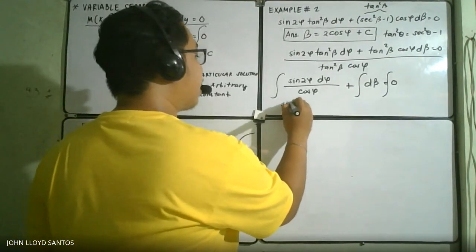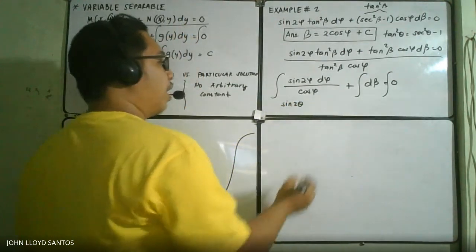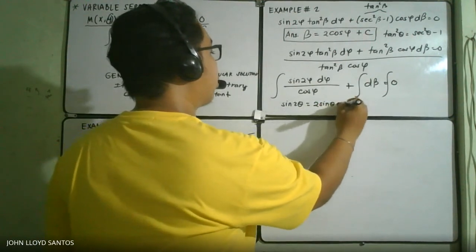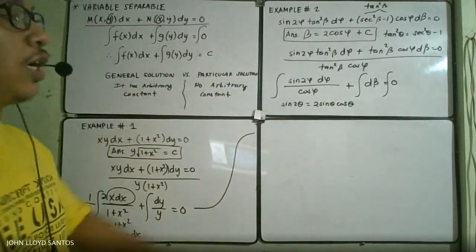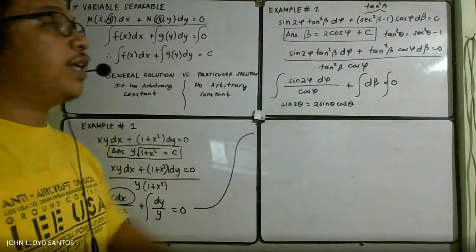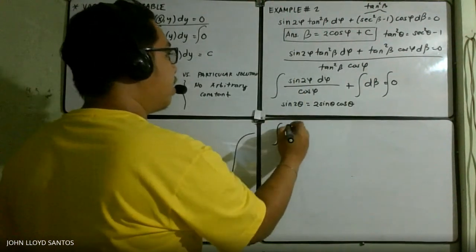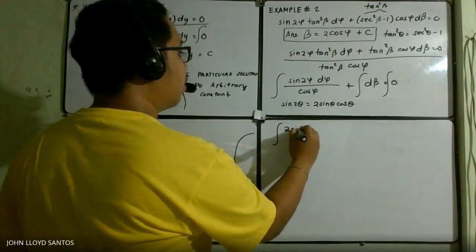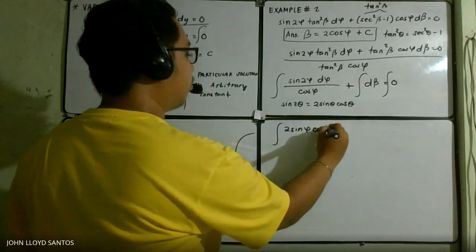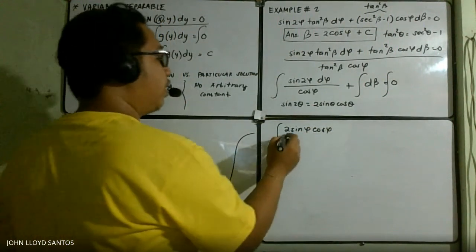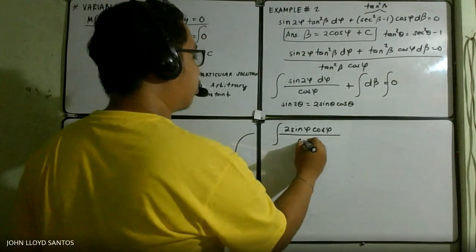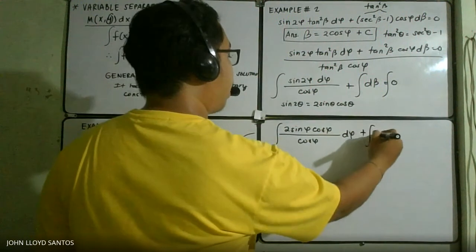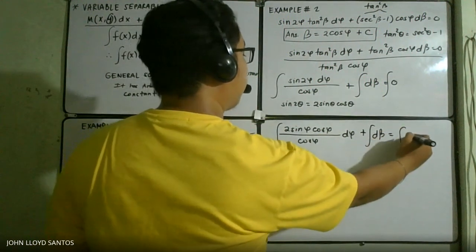So, again, meron tayong identity. If you have a sine 2 theta, a double angle, we have 2 sine theta cosine theta. So, ibig sabihin, meron siyang trigonometric identity. We can simplify this integral sa taas. So, we have integral of 2 sine phi cosine phi all over cosine phi d phi plus integral of d beta is equal to integral ng 0.